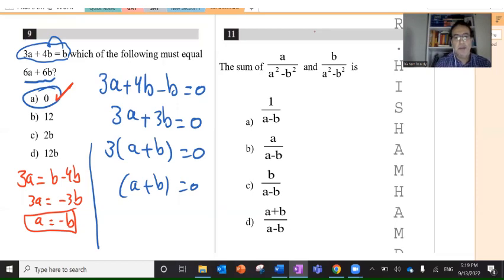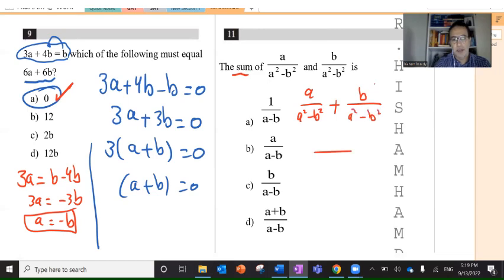Find the sum of these two expressions. For the students who are watching the recording, please pause before each question very carefully and then start correcting yourself. The sum means adding a over a squared minus b squared and b over a squared minus b squared.